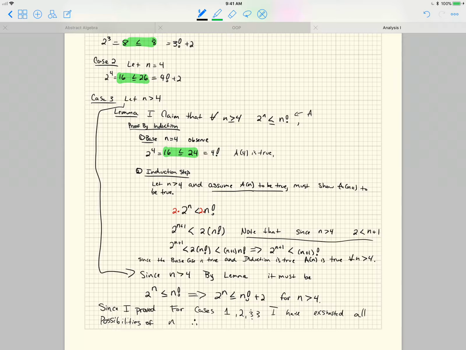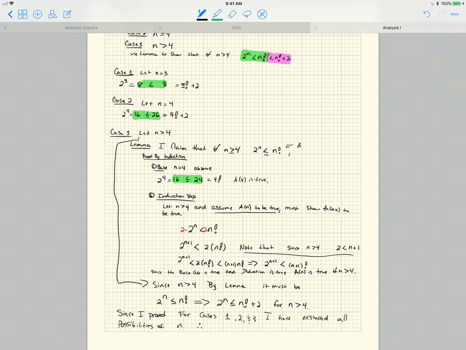Therefore, 2^n is less than or equal to n! + 2 for all n greater than or equal to 3. And that, ladies and gentlemen, is a mathematical mic drop, because that is proved.